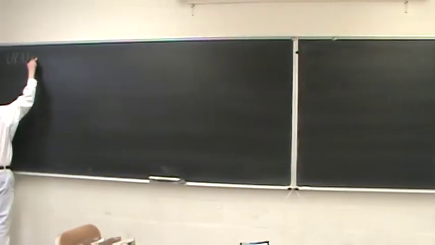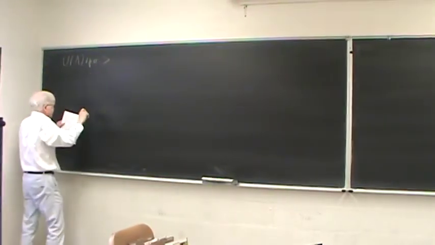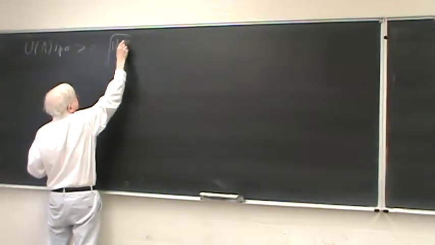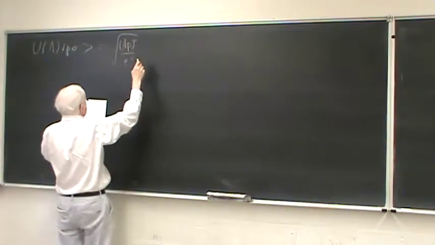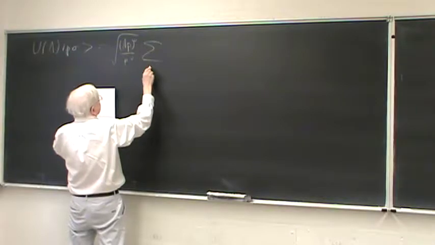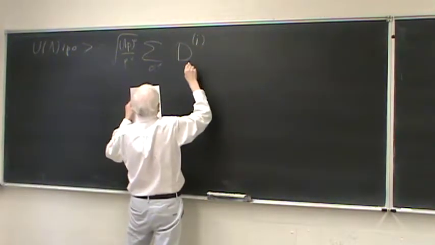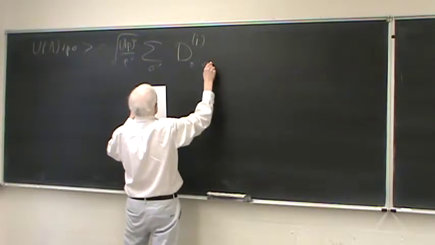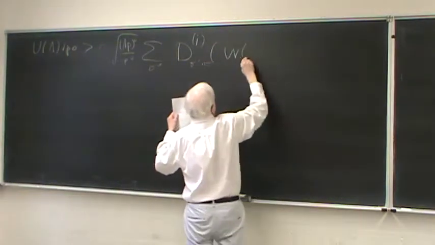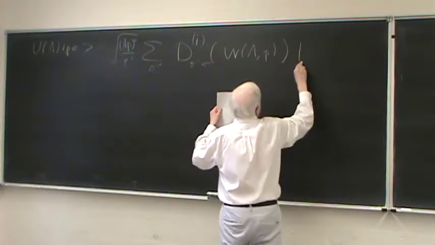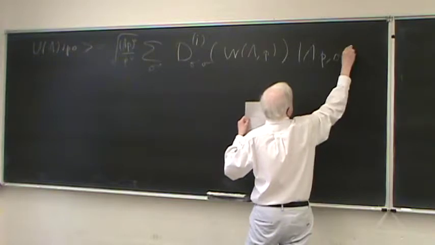Okay, so what we know here is how states transform, and we worked through this. This is U of lambda acting on the state p sigma gives square root of lambda p0 over p0, sum over sigma prime, D^j sigma prime sigma of the rotation W(lambda, p), times the state lambda p, spin sigma prime.